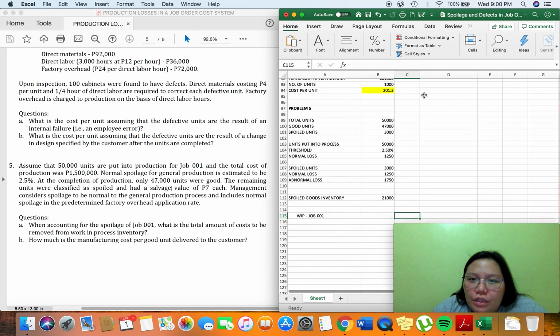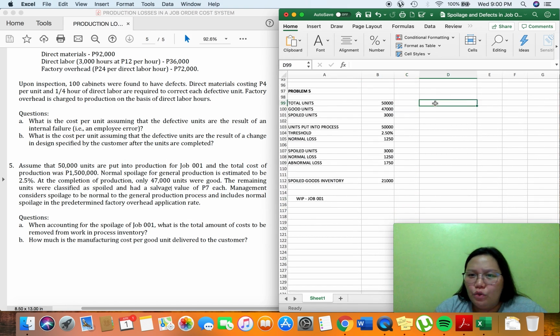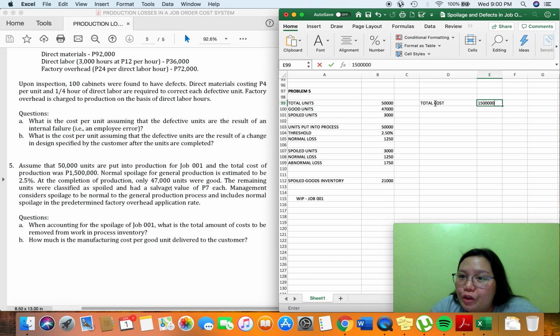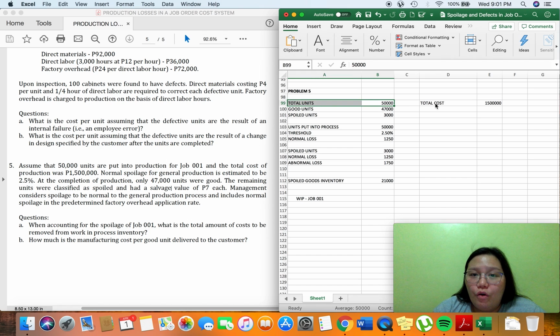So, let us compute kasi the total cost is equal to 1.5 million. So, itong 1.5 million na to, this was incurred for a total of 50,000 units.